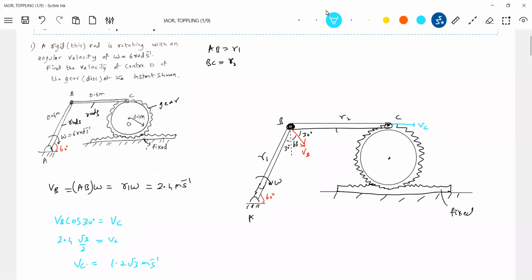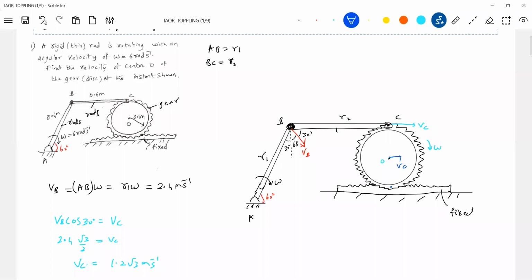And then as it is pure rolling, it must have rolling. So the velocity of point O will also rotate with omega O. What should be the velocity of point O? And this point is fixed, where it will roll.